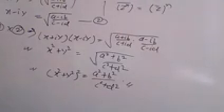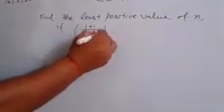Now, next question. Find the least positive value of n if 1 plus i upon 1 minus i whole power n is equal to 1.